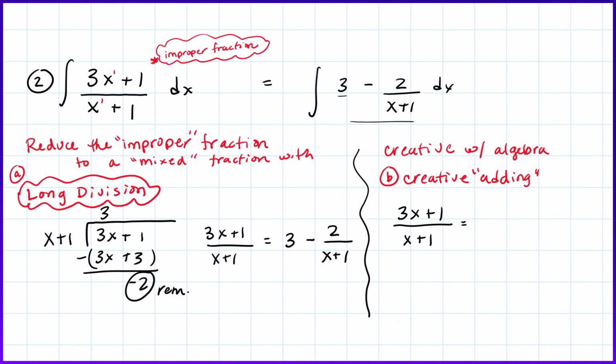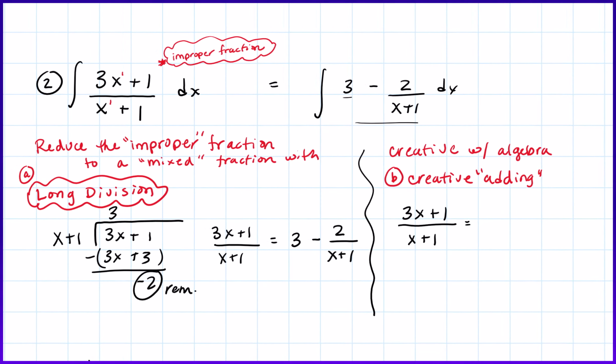It's kind of nice because in this particular problem, we can review over a couple different strategies. So we take 3x plus 1 over x plus 1, and I'm looking at that and thinking, man, I wish that instead of a 1 right here, there was a 3. So here's my little thought process. If that was 3x plus 3, then I could write that as 3 times x plus 1, and I could factor out that x plus 1 from the bottom.